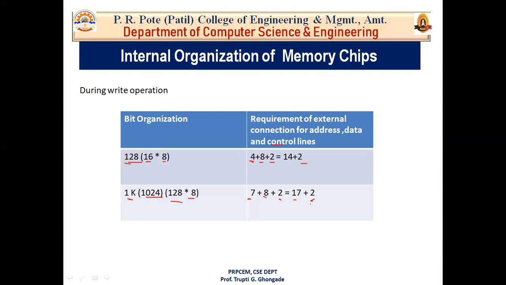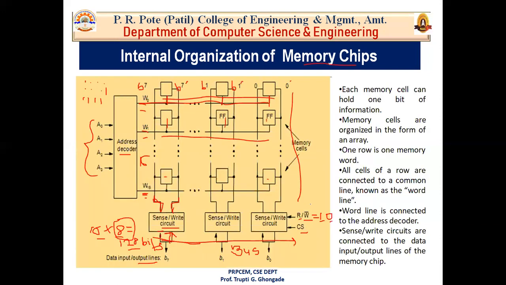Okay, so we have seen how the memory cells are arranged in RAM. Again, look at the diagram. Here you have memory cells. Let me erase this all.